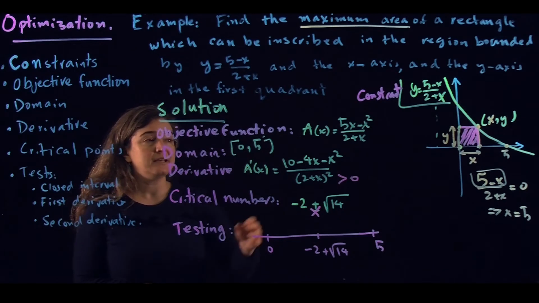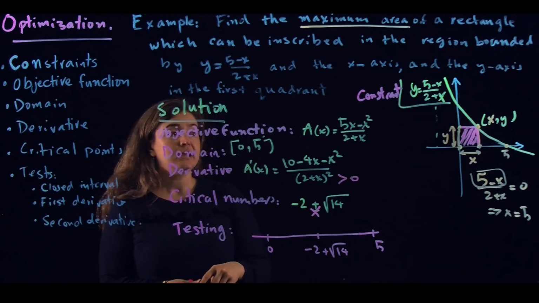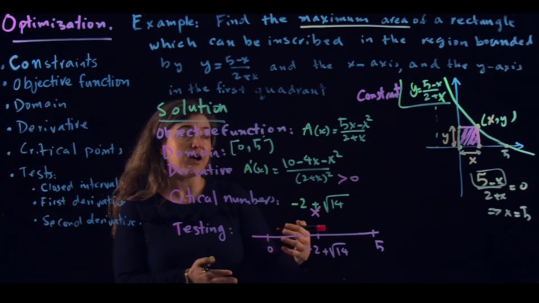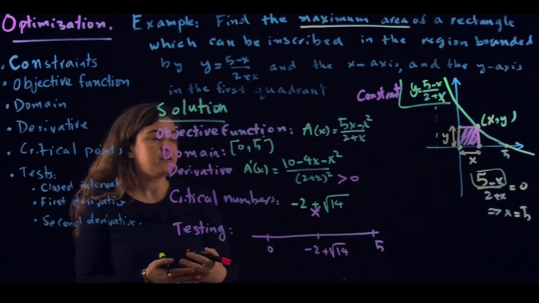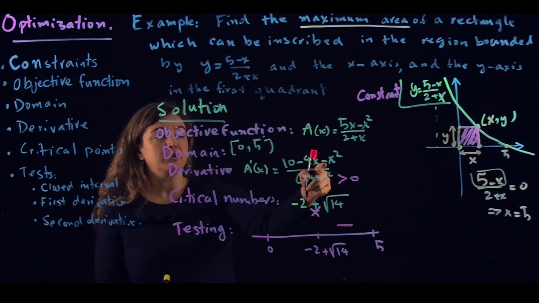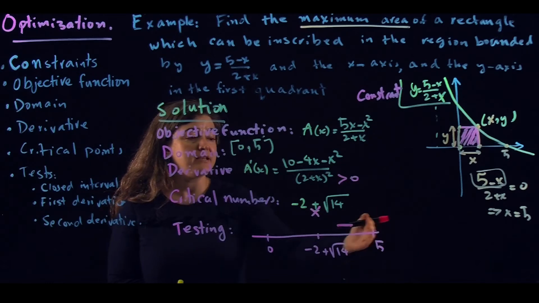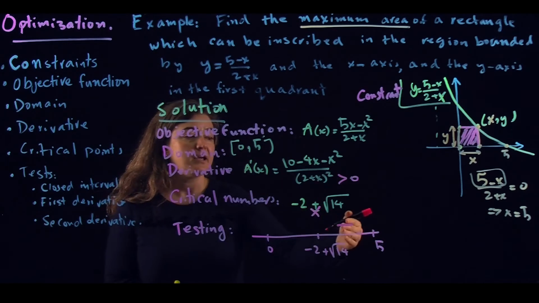The quadratic in the numerator is less than 0 on the two ends, and therefore I can put a negative sign in here because this is a parabola looking downward.